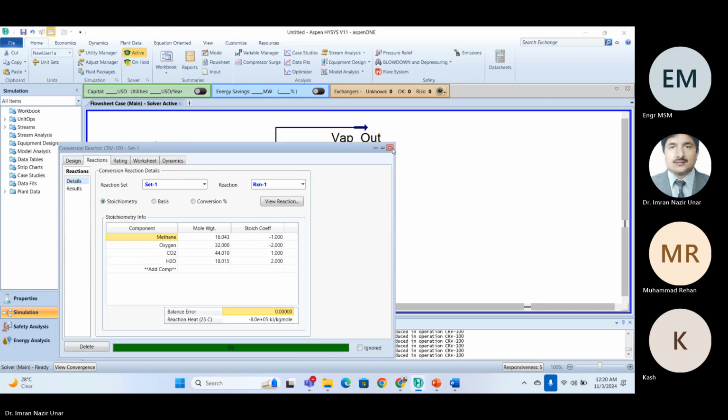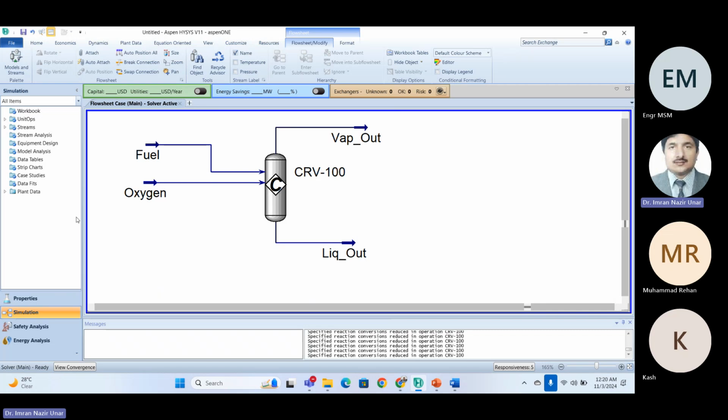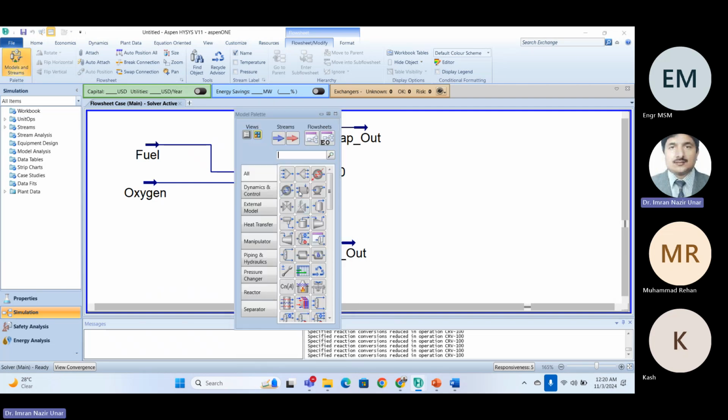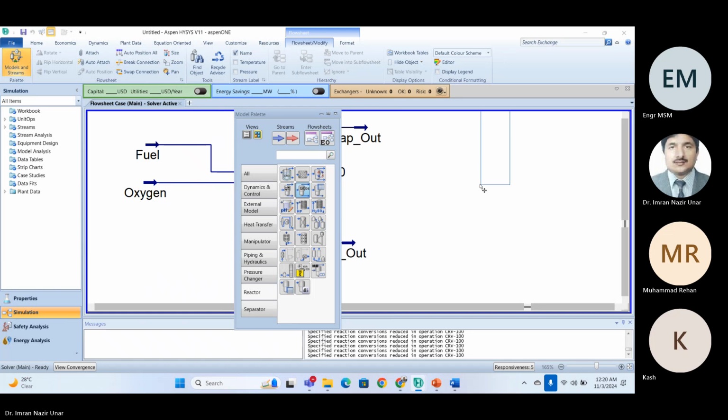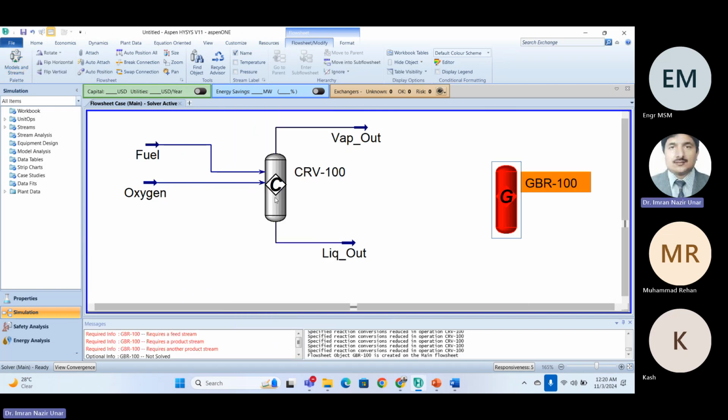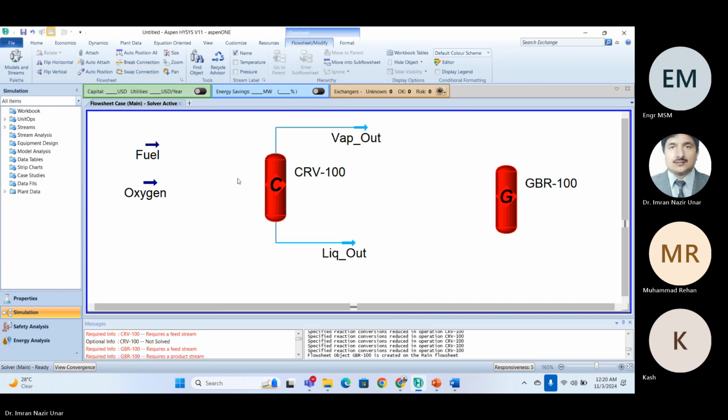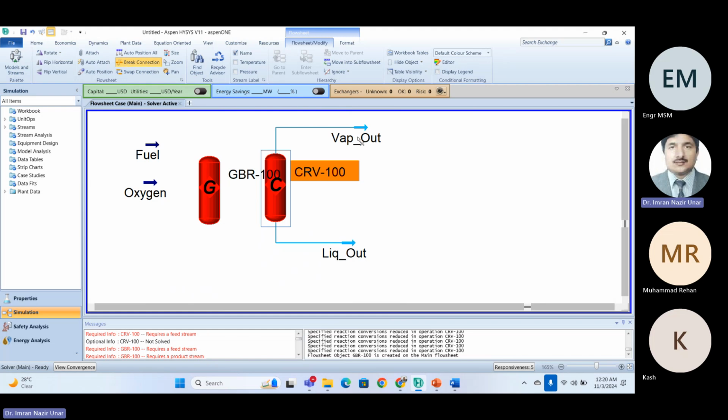Now if we would like to define another reactor, which is a Gibbs reactor. Now this is a Gibbs reactor. For the time being, I am breaking these streams, and now this is a Gibbs reactor, and I am also breaking these connections.